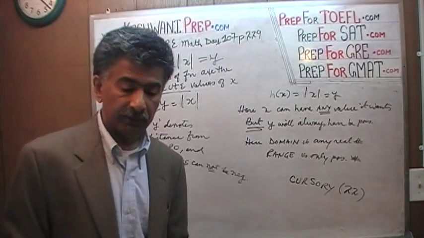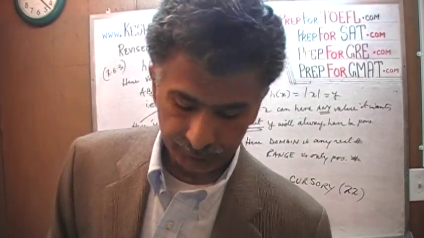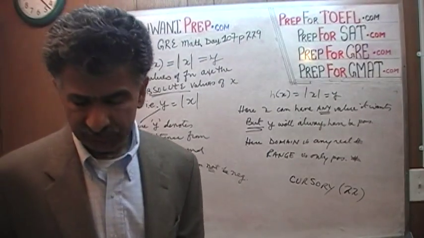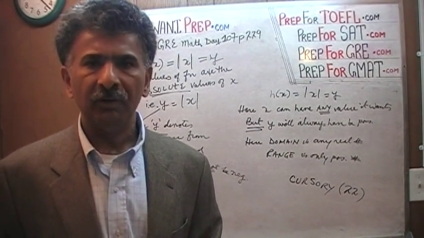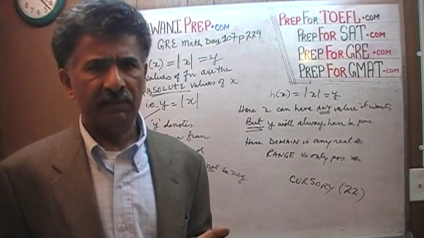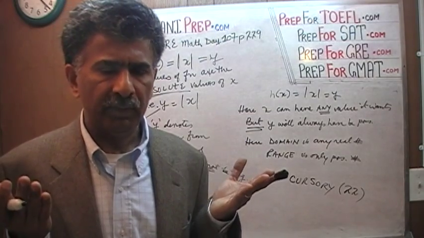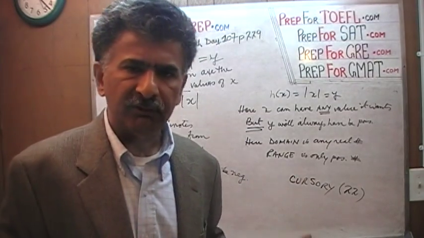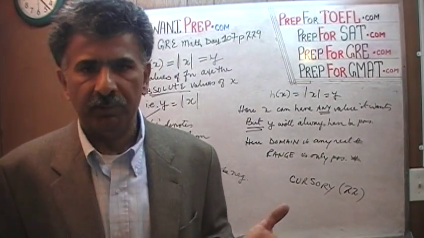Cursory. To do something in a cursory manner means to do something in a hasty manner. They did such a cursory job on these three problems, as if function is a casual concept. No, function is not a casual, trivial concept. It is a very important, crucial concept in mathematics. You must understand what it means for one variable to be a function of another, and why we say f of x sometimes, g of x other times, and h of x at other times.